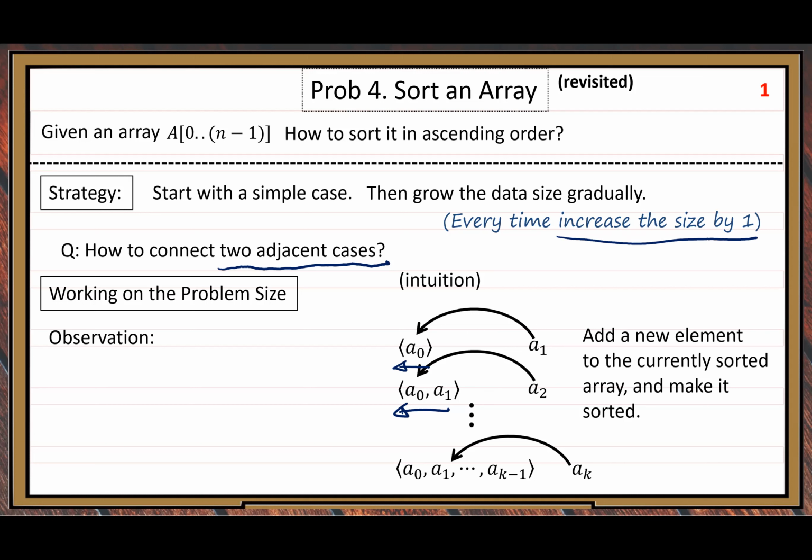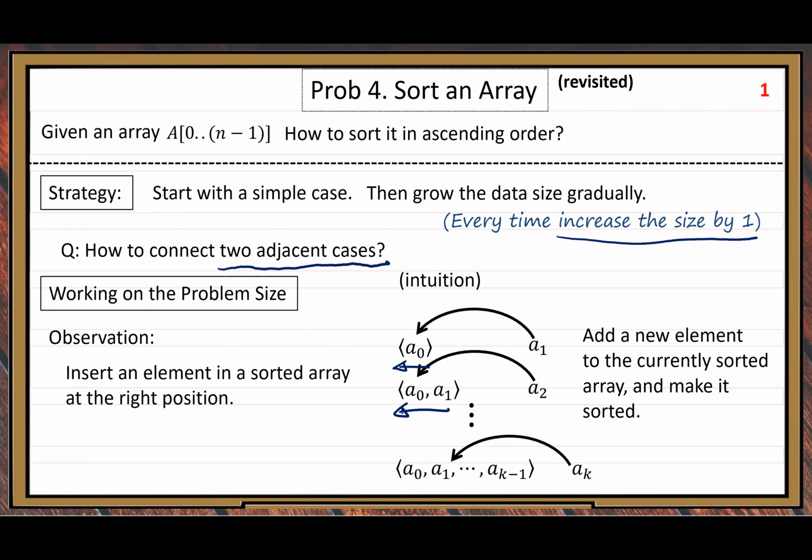Based on that analysis and those experiments, we have this observation: insert an element in a sorted array at the right position. That's the main work we need to do.